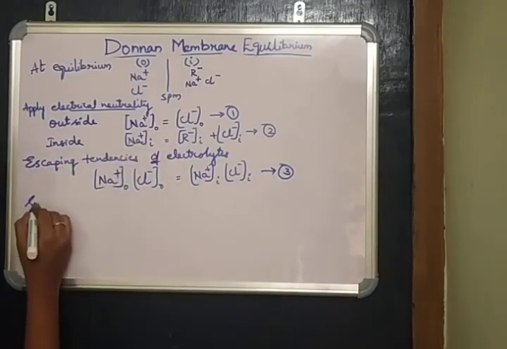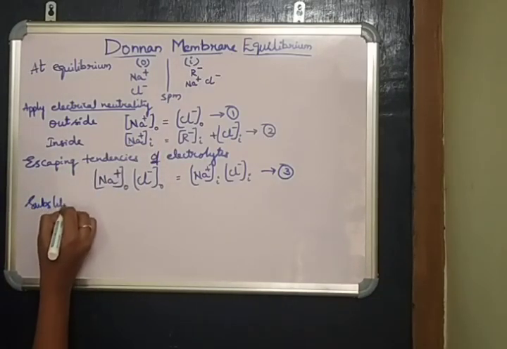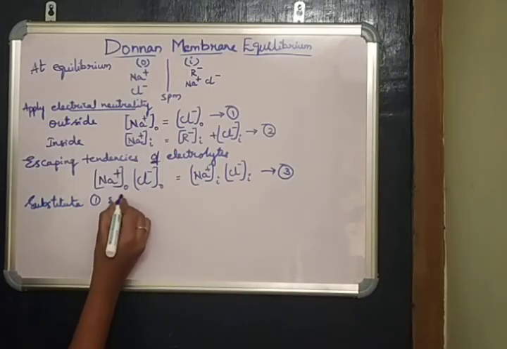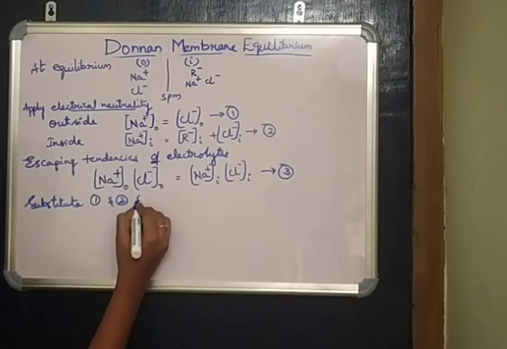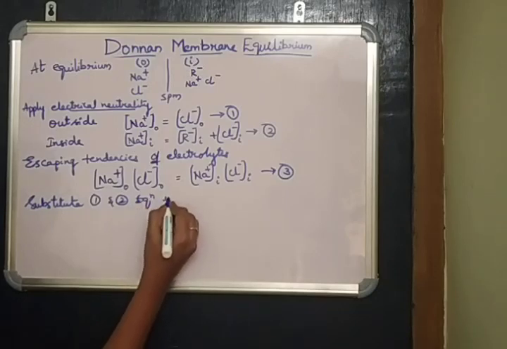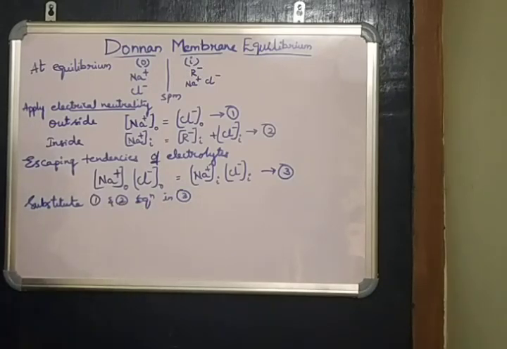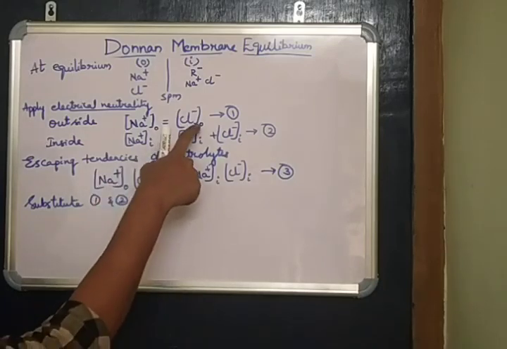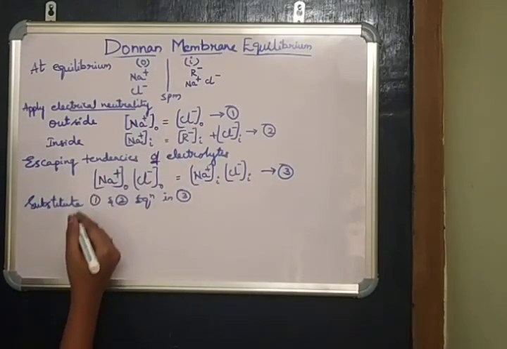Substitute the first and second equations in the third equation. In the place of Na plus outside, we write the concentration of Cl minus outside.